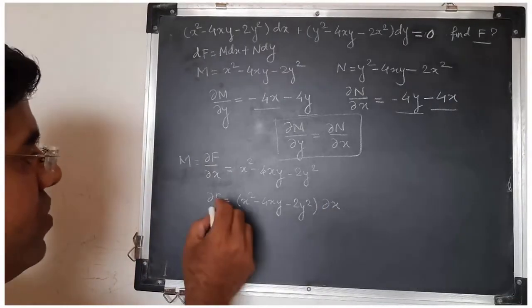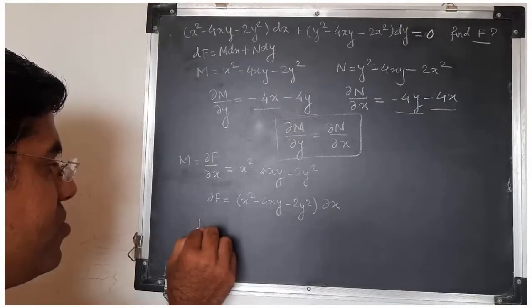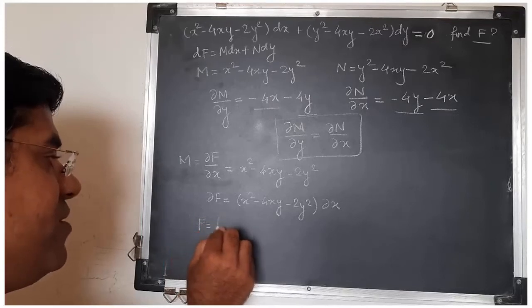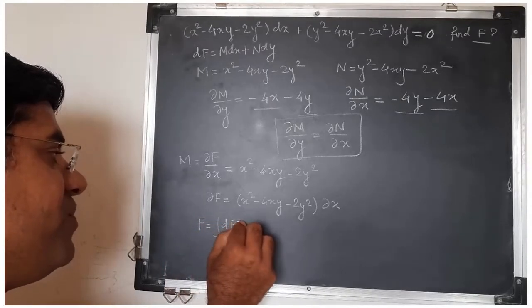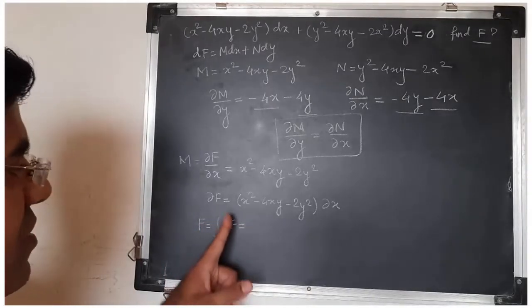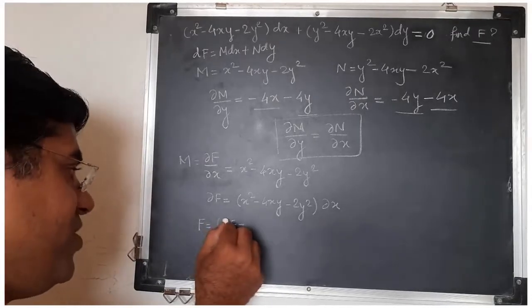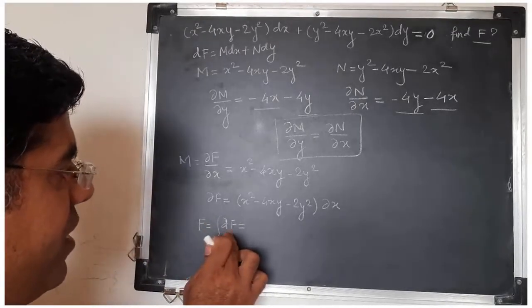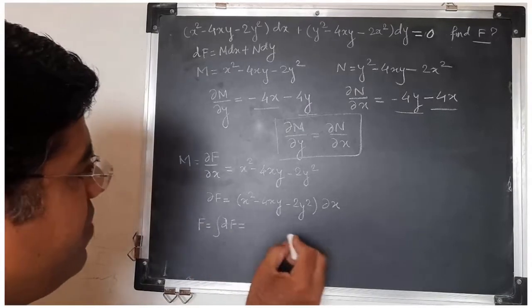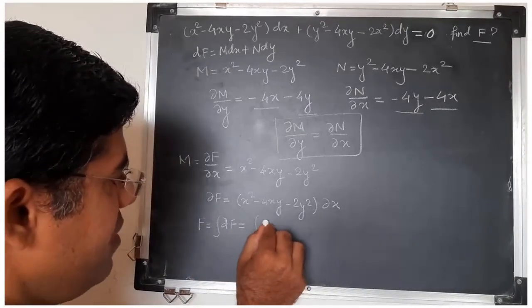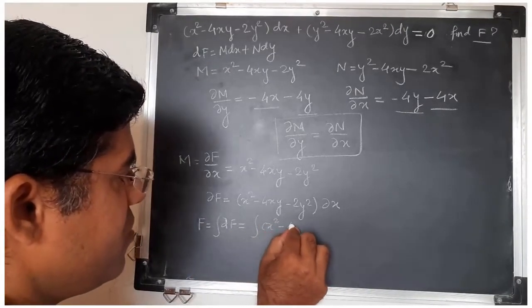So we integrate. The integration of the partial differential f is equal to the integral of x squared minus 4xy minus 2y squared.